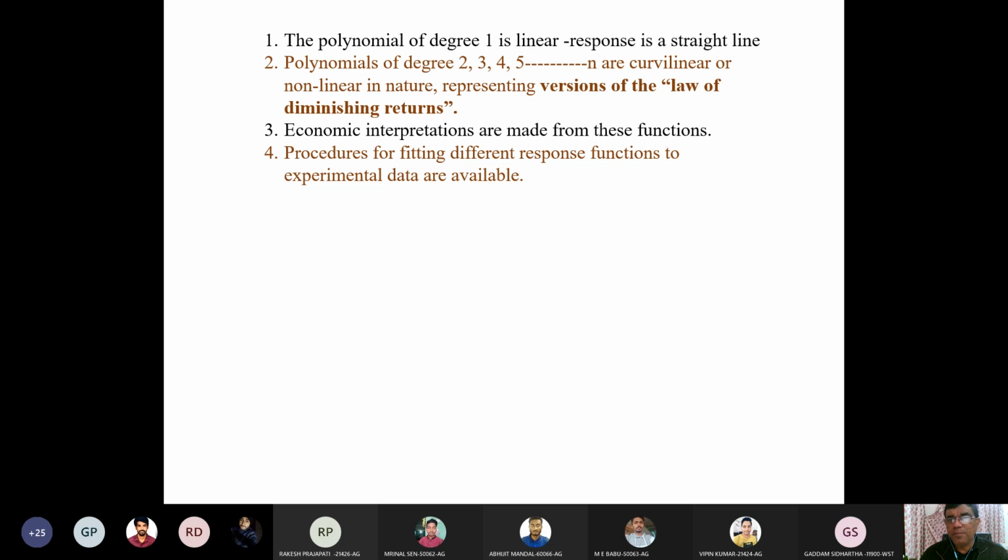Economic interpretations are made from these functions. Once we have found the equations, models, or functions that fit our data, then we can apply some economic principles to know what it means. Then procedures for fitting different response functions to experimental data are available. There are certain procedures which can be used to see the relationship between input and output.